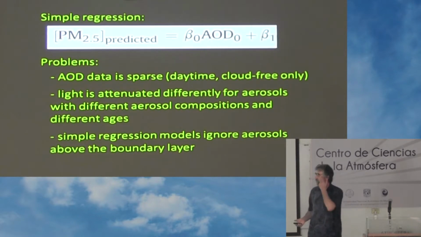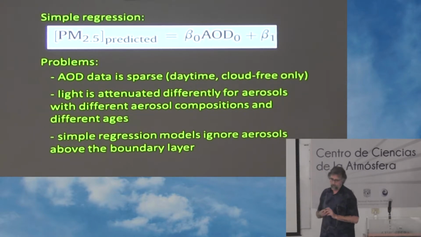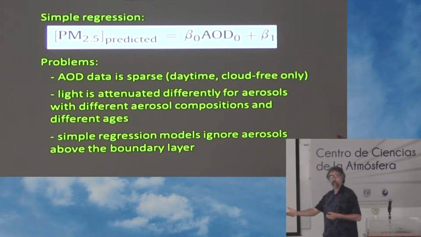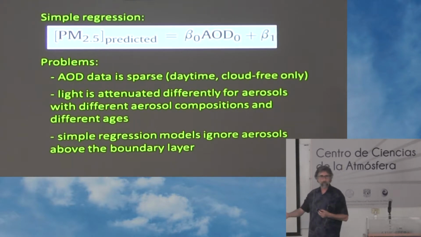So the state of the art for using aerosol optical depth measured by satellite to estimate PM 2.5, the fine particles, looks like this. It's a simple regression model. You have some measurements of PM 2.5, maybe for a year, and then you also have the aerosol optical depth data from the satellite.